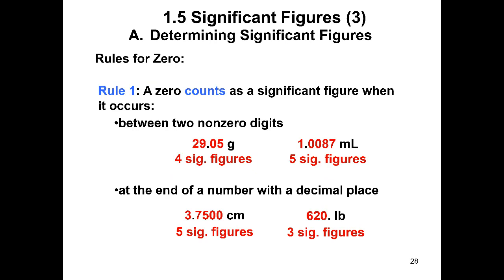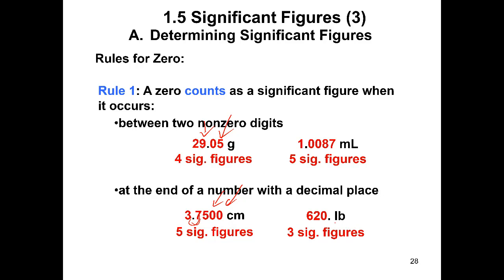Okay, a zero counts as a significant figure if it's between two numbers that are not zero, or if it comes at the end of a number that has a decimal place. Okay, let me say it again. The zero is significant if it's between two numbers that aren't zero, like 9 and 5, or if it comes at the end of a number that has a decimal place in it, like 3.7500.